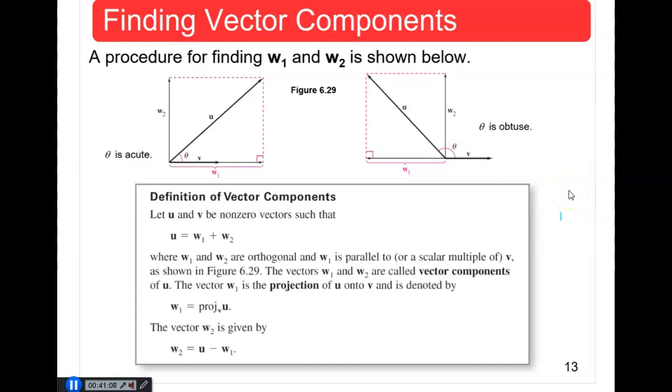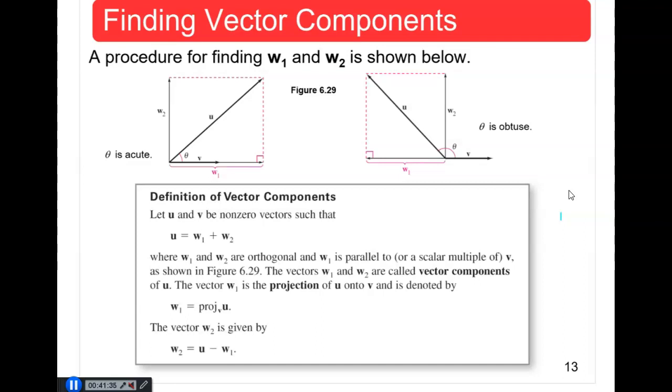Finding vector components, we're going to go over the definition of vector components, and then I will do my best to explain the definition with the help of figure 6.29. Now the left side of the figure is one case and the right side is another case of orthogonal vectors.